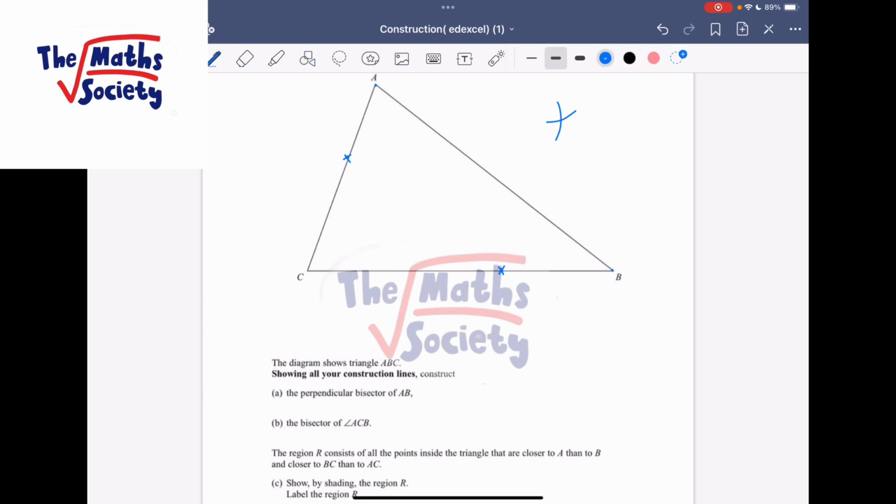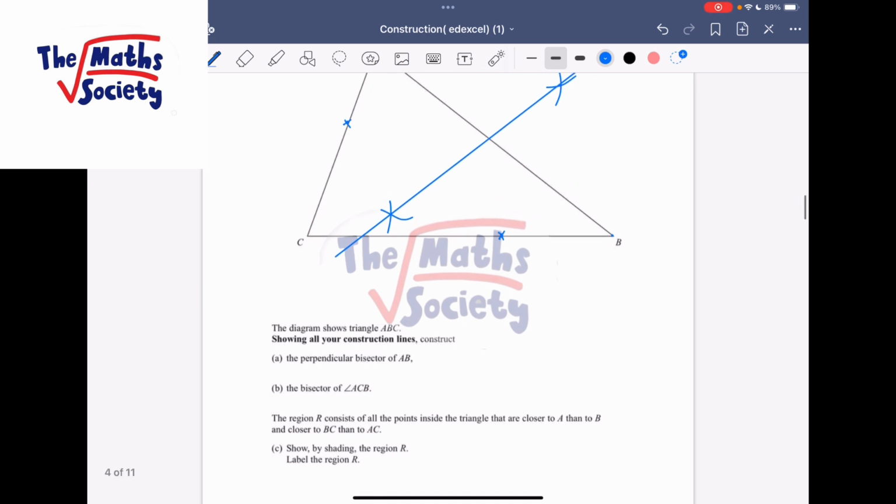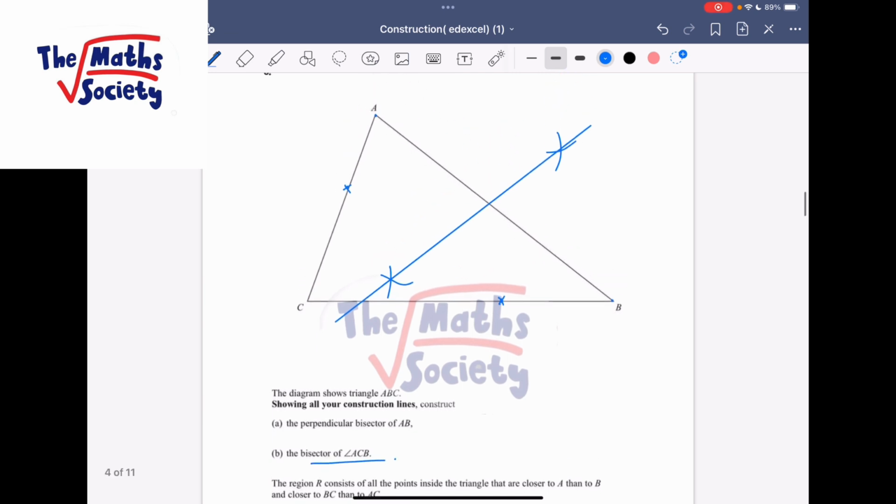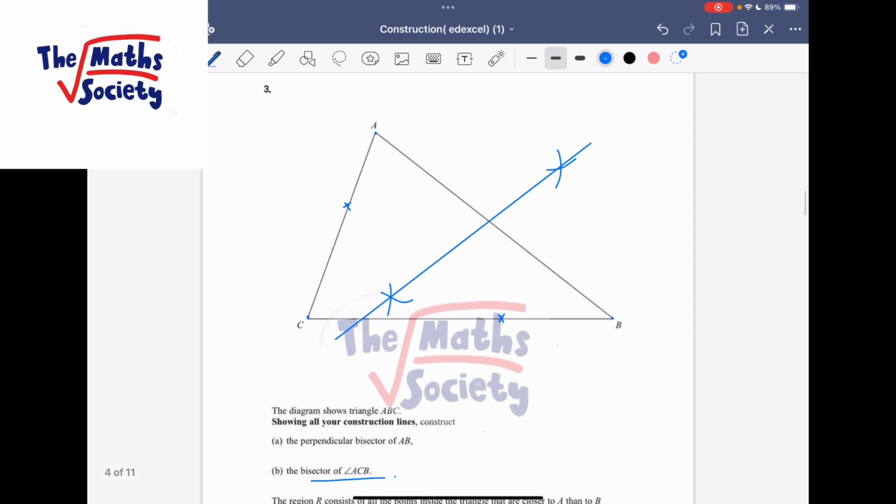I'm just going to show you the approximate, so it might not be exactly 90, but as long as you put two arcs in, so it's perpendicular. Then there's the bisector of angle ACB, so which basically you're going to use this part, and then you use your points to draw an arc here, right?